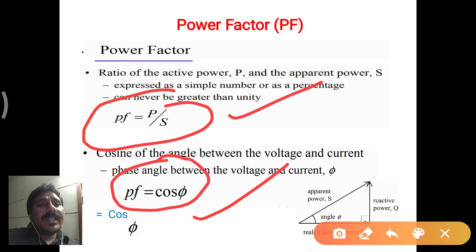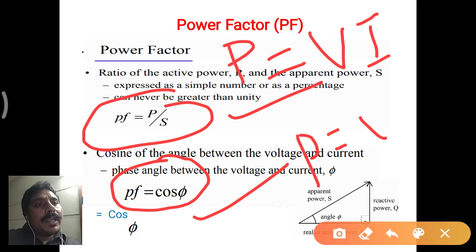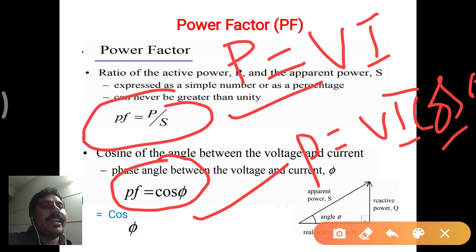So already we know that in DC, power is equal to voltage into current. In AC, power is equal to voltage into current into cos theta. If cos theta is unity, the power is very high.